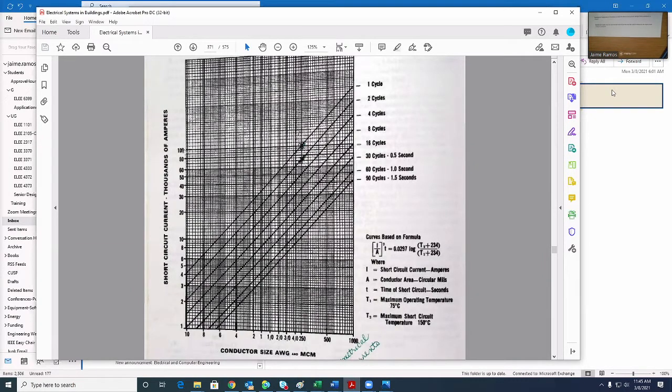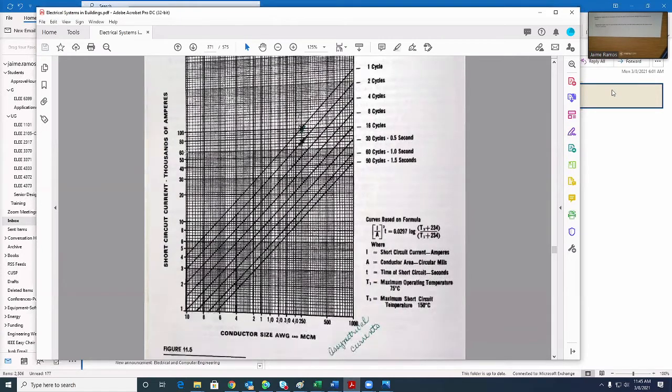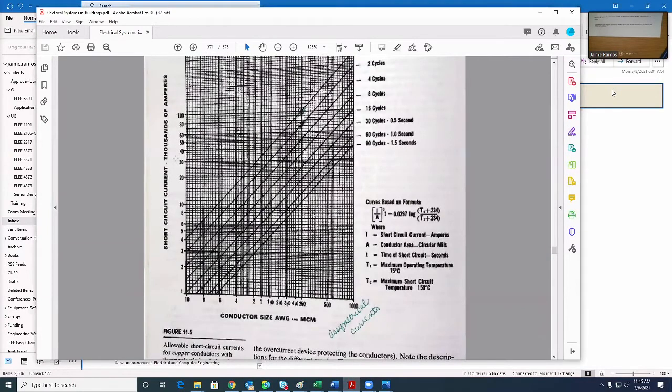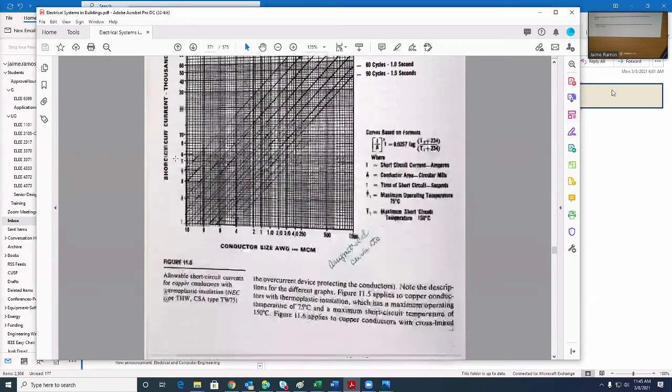That's the rating of the conductor. Then those 100,000 amps, which is the rating of the conductor, you compare with the calculation from the software program of the available short circuit current there. And then we will have an estimation of whether the conductor is good or not.